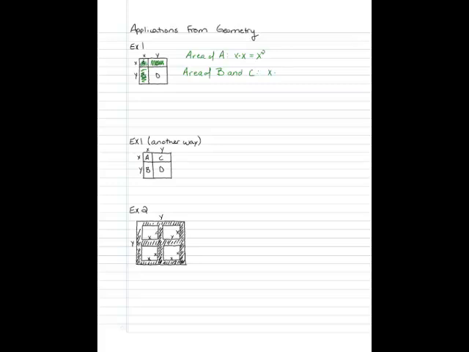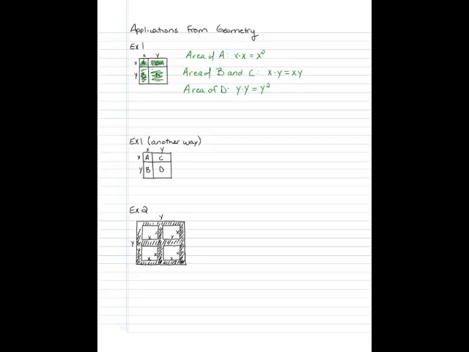So x times y gives us xy. The last piece here, D, the big square down on the right, has area of D. The length is y, the width is y. Multiplying those together, we have y squared.